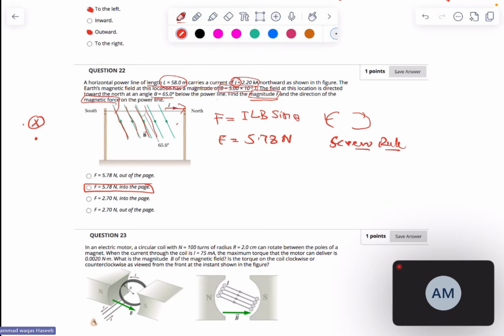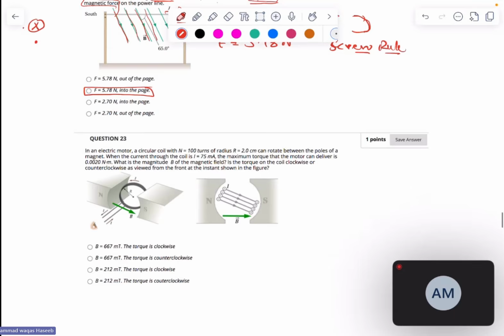So if you are moving it clockwise, it goes inside, which means the magnetic field is inside. And if you rotate it outside like this, it will go out, so the magnetic field will be outward. Remember this rule if you have a circulating current. And here the next question has a circulating current.